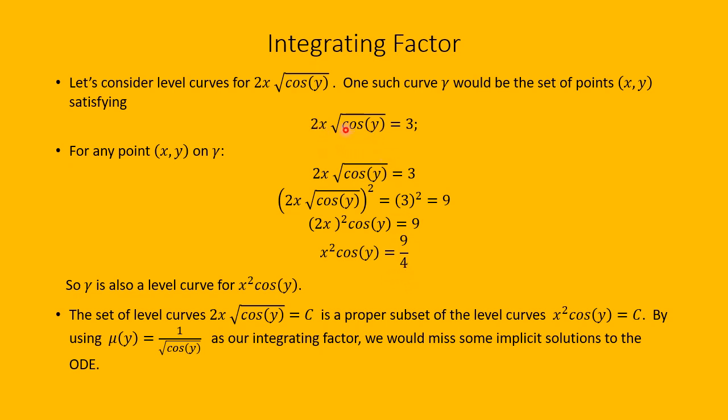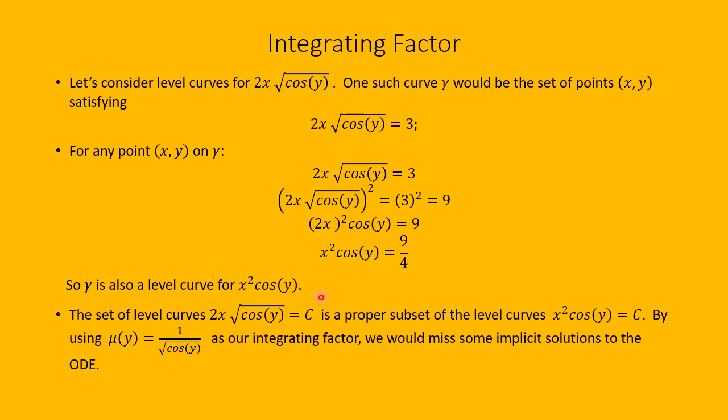So one of the level curves of the function 2x square root of cosine y is also a level curve for x squared cosine y. So the curve gamma that went through the point where that constant was 3 also is a level curve for this function, because it's on this level curve, which is equivalent to this one at most points except where the cosine of y is negative.